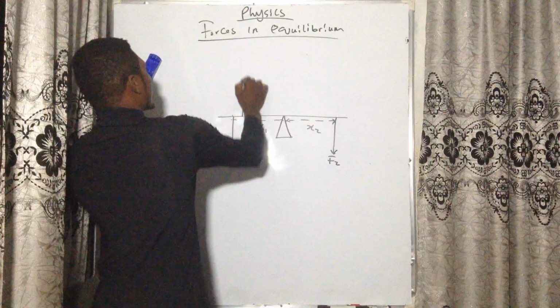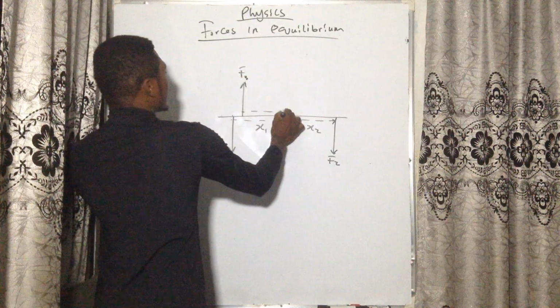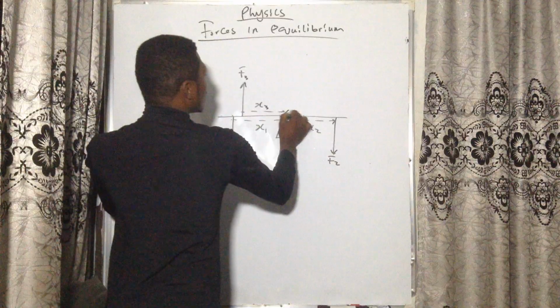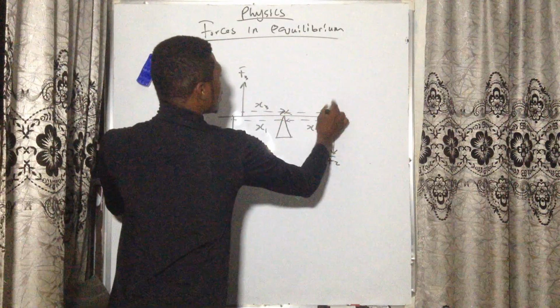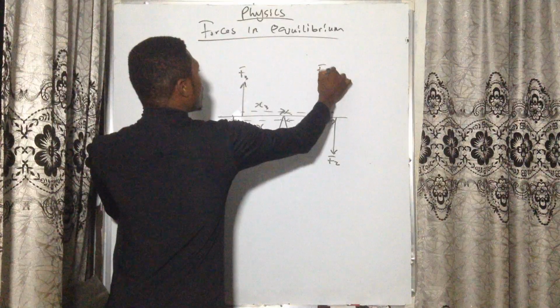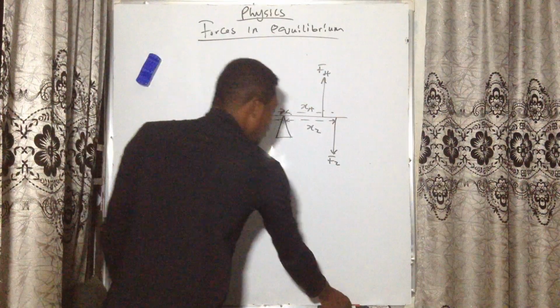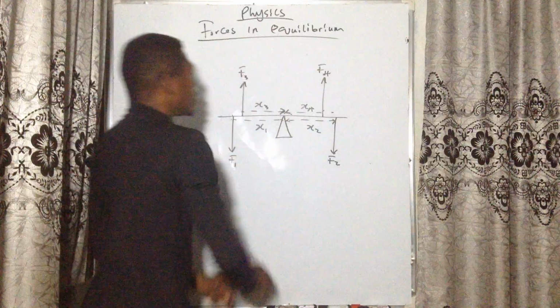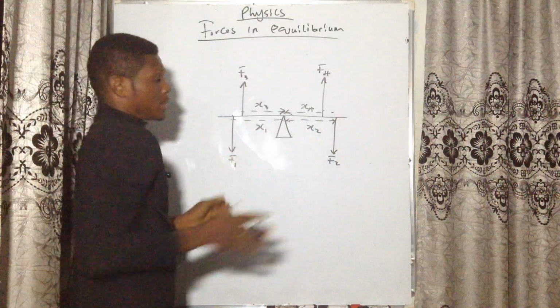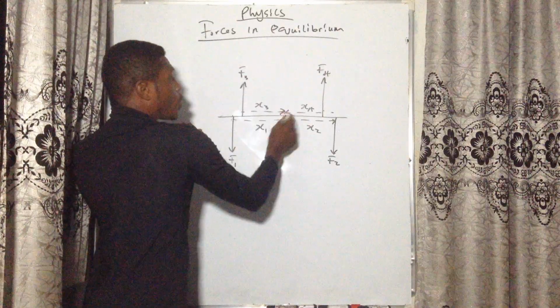Let's say there is another force here. Let's say this is F3, the distance X3, this one, let's say there is another force here. Let's say F4, and the distance is what? X4.